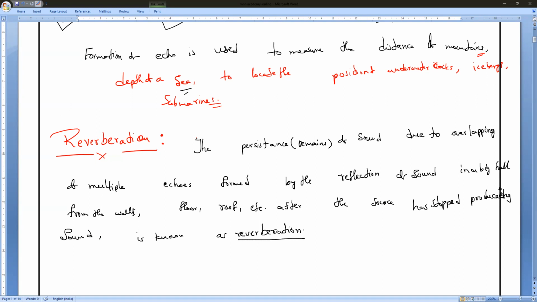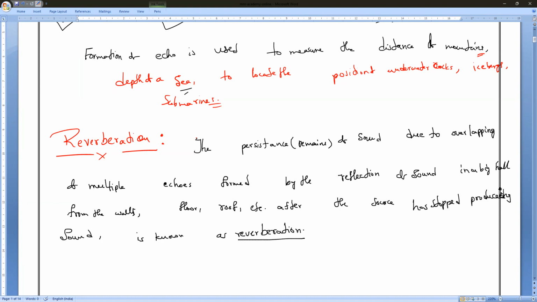Either the dialogue is not clear for us, or the words are not clear, and we get confusion. Mixing of words takes place. That is not acceptable for us. That's why a short interval of reverberation is always good and pleasant for us, but excessive reverberation is unpleasant.